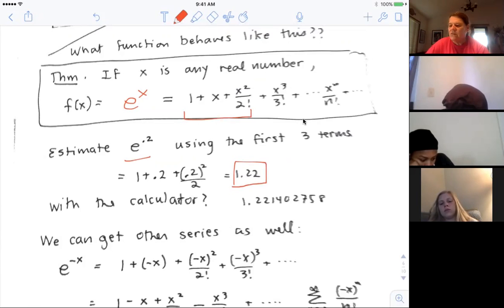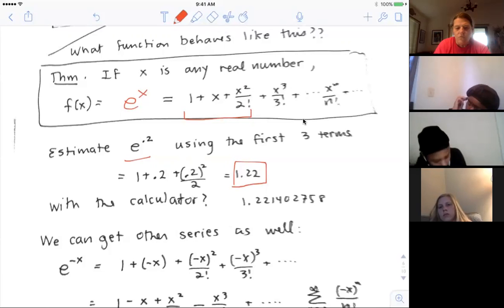I'm gonna try that 0.2 and see if it came out exactly 1.22. I think it did. I don't think I actually rounded anything. So 1 plus 0.2 plus 0.2 squared divided, oh, I messed up something. Hang on. 1 plus 0.2 plus 0.2 squared divided by 2.